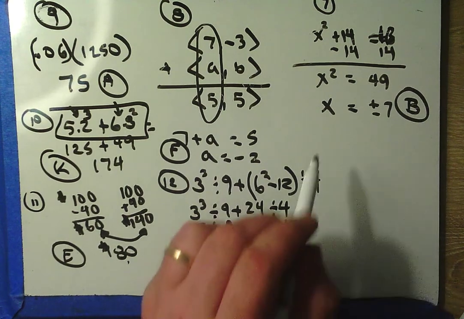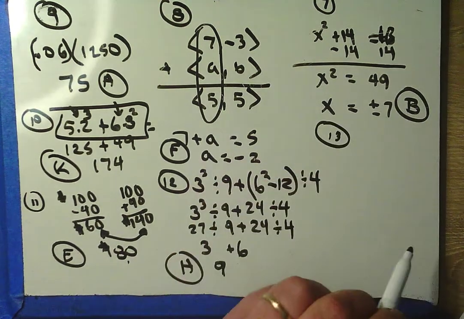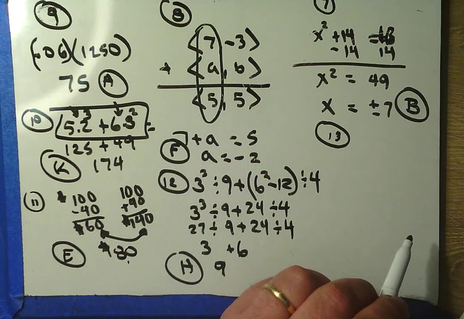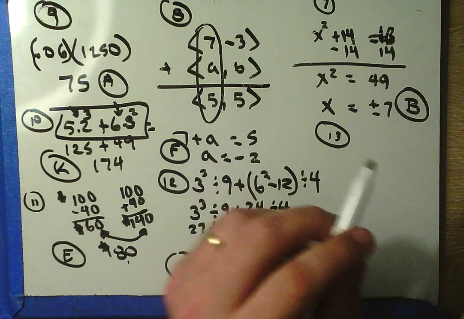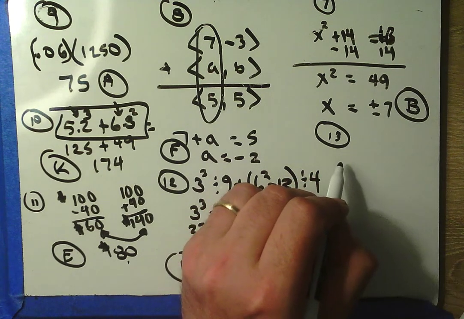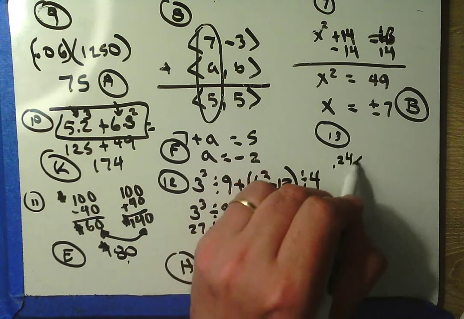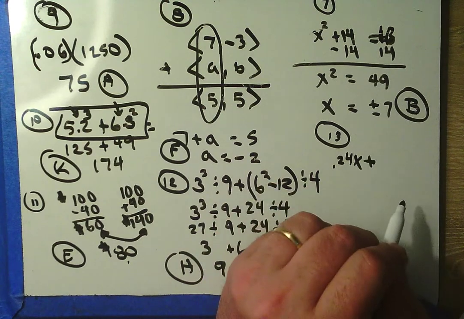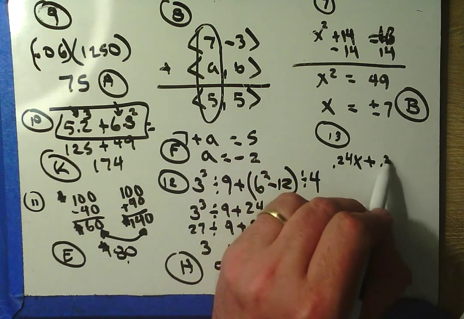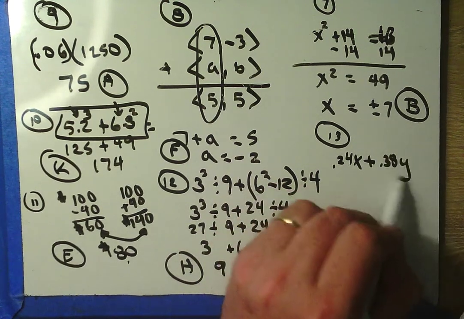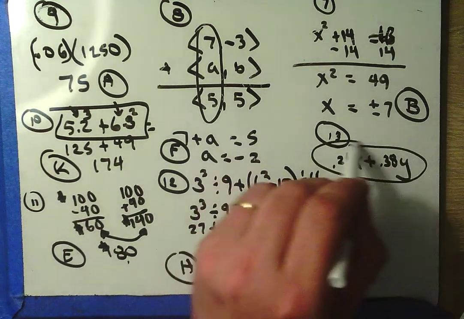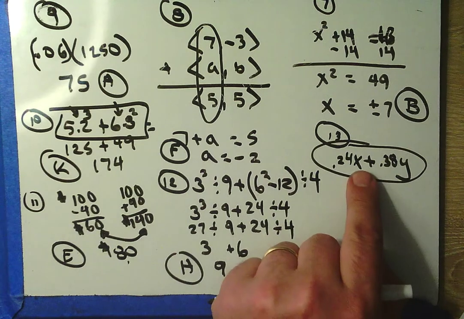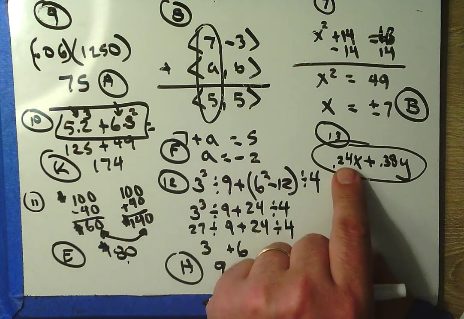How about number 13? 13 says, if bananas cost 24 cents and oranges cost 38 cents, what is the total of X bananas and Y oranges? Okay, so each of those bananas costs 24 cents, and each of those oranges costs 38 cents. So this would represent the total amount of money. How many bananas times dollars per banana?